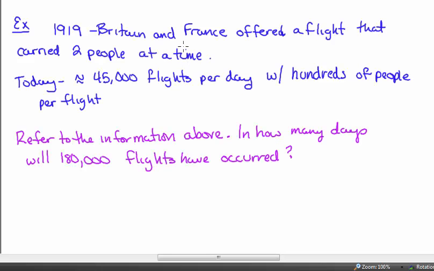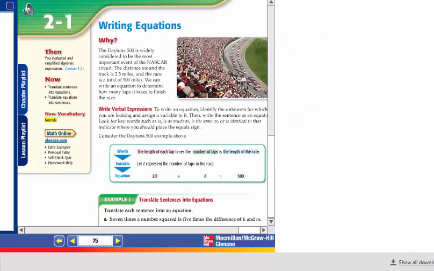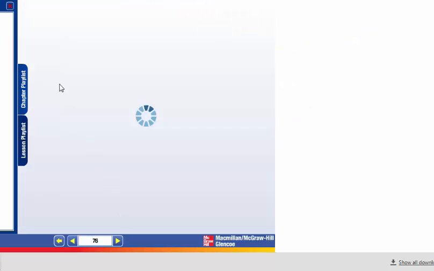All right, so let's look at a real world example where we will write an equation and we're going to actually solve it. So this is an air travel, and I'm going to write down some information and it's just going to magically appear. All right, so we are given this information, and if we look at the book, let's go to that page.